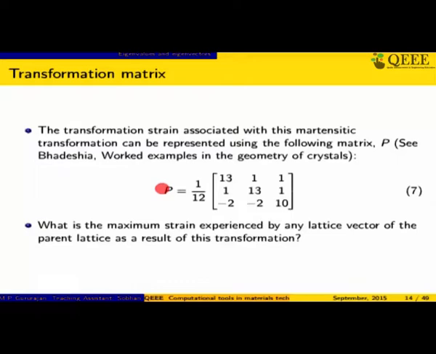That is the reason why we did all this exercise, why I derived the identity, and here is the transformation strain matrix that is associated with this particular transformation. Okay, and we are going to answer the question, what is the maximum strain experienced by any vector of the FCC phase when the transformation happens and it goes to the HCP phase.